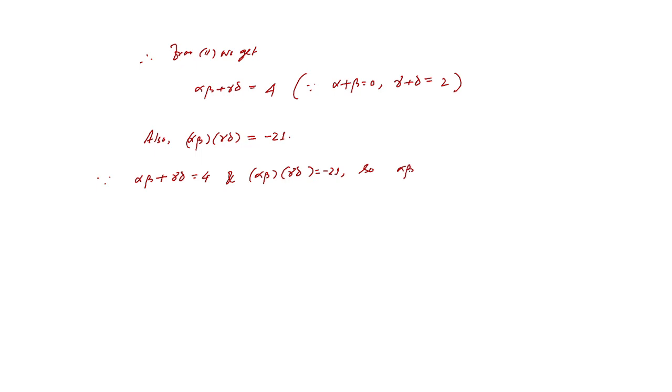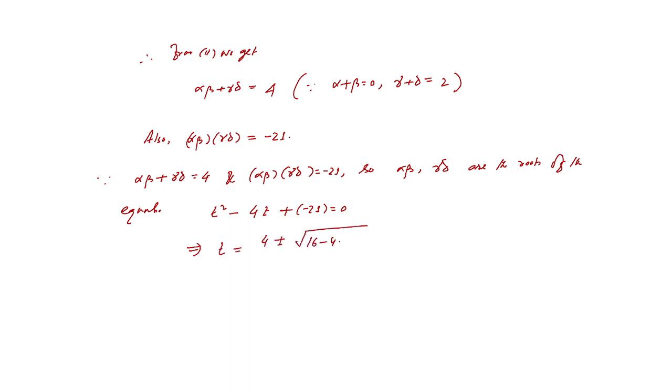alpha beta and gamma delta are the roots of the equation t square minus 4t minus 21 equals 0. So what will be the value of t? t will be 4 plus minus root of b square minus 4ac, by 2a.